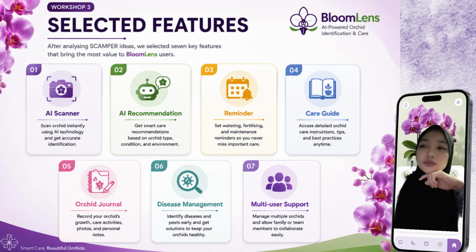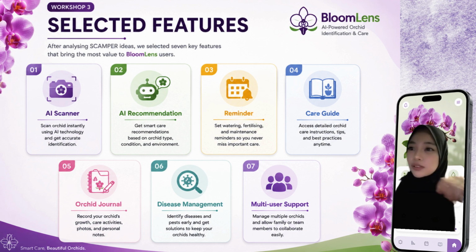Now, let's look at the selected features. Actually, I still wonder what kind of features I should put in my prototype. Let's see together. For the selected features, after evaluating all the ideas, I selected these features because they provide the greatest value to users while keeping the application practical and easy to use.